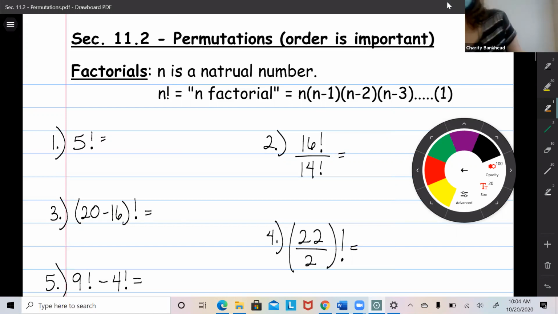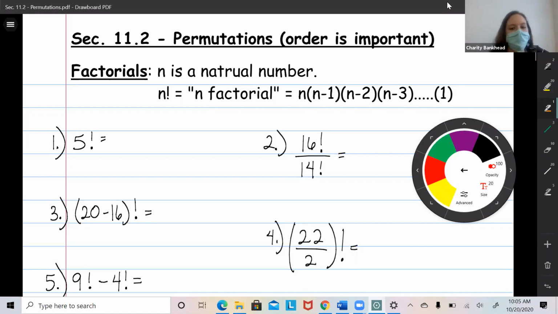So 11.2 is about permutations. But first we're going to learn real quick about factorials. If you see a number with an exclamation point after it, that is a factorial. This is something you can apply to really any whole number.